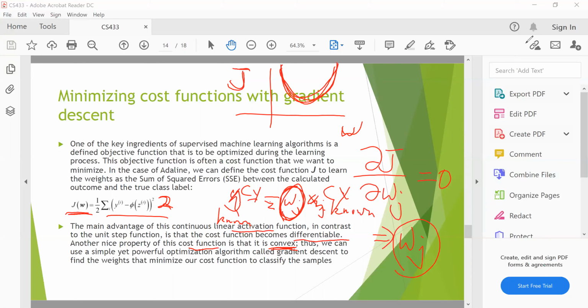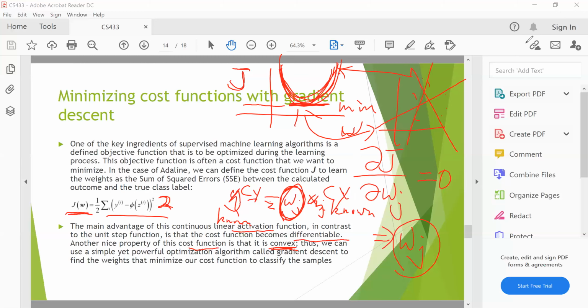Where is the minimum? Here is the minimum, the lowest cost, like we just drew. That corresponds to this best fit line. The other cases go somewhere else on this convex curve.